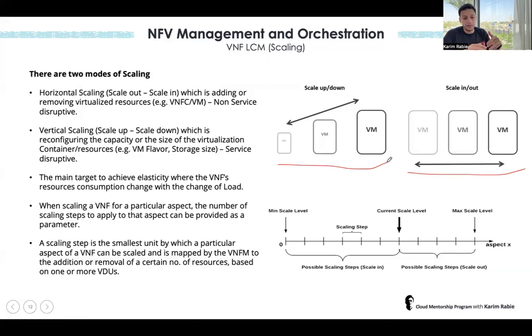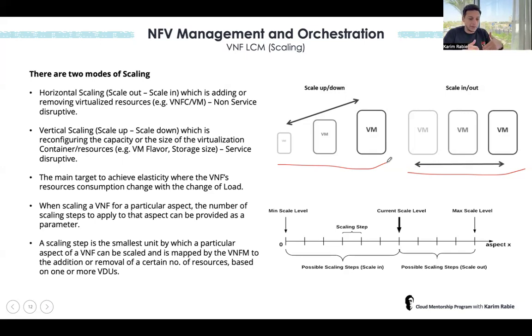In horizontal scaling, you essentially add a new VM instance, with a similar configuration and similar flavor. Scale up, scale down means you increase or decrease the resources of the virtual machine. If it used to take 24 CPUs, you will make it 32 virtual CPUs, for instance.